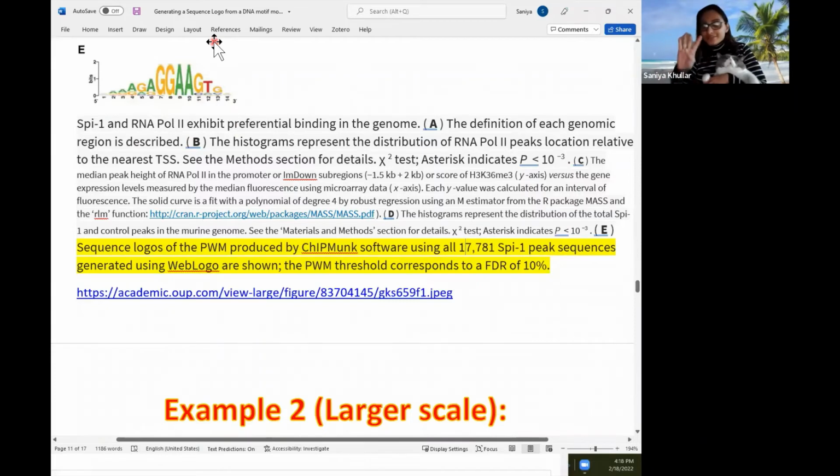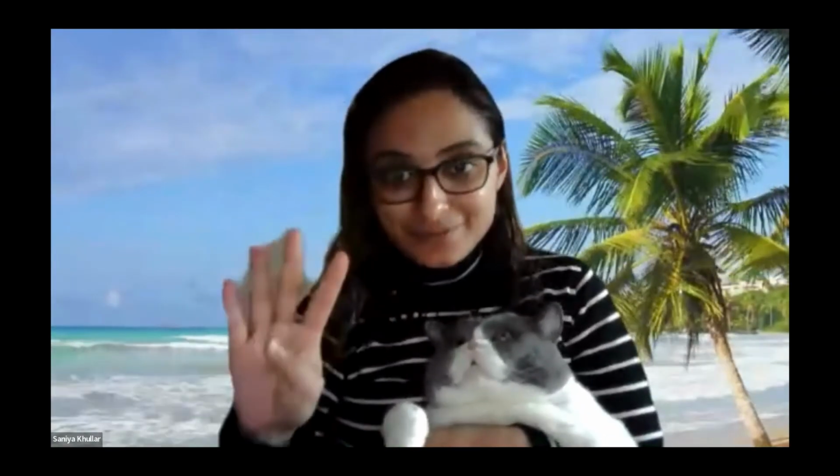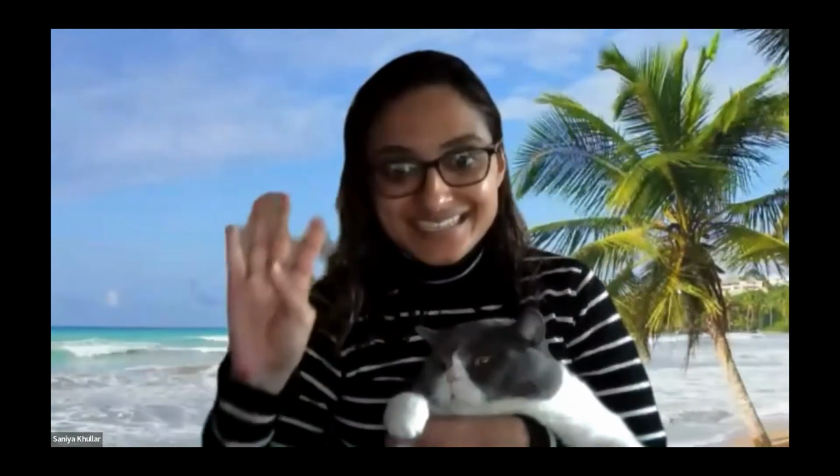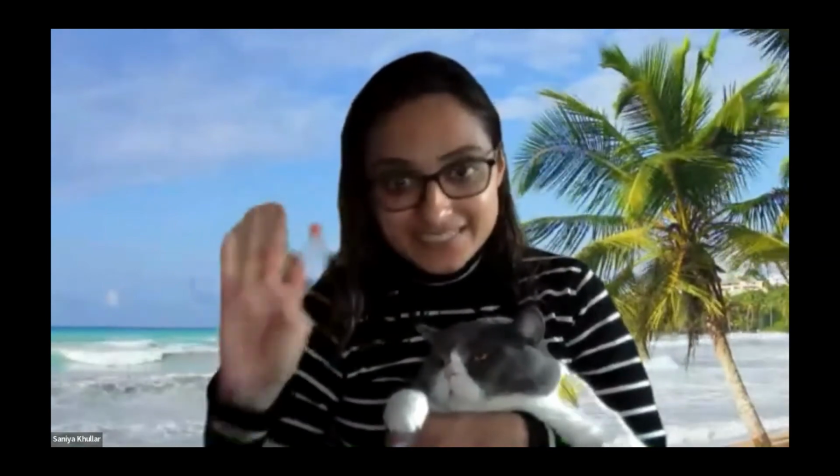So in our example, we just put in 4: CAG, GAG, GAG, CAG. But here they're putting in 17,781 peak sequences, motif occurrences, where they think that SPI1 activity is the strongest. And they put that in here.